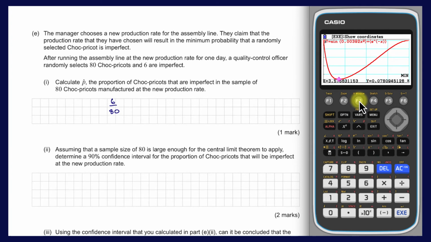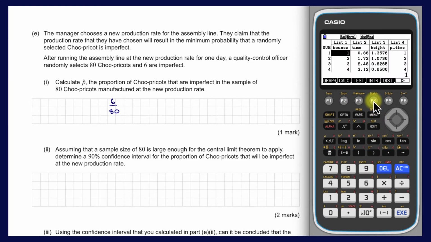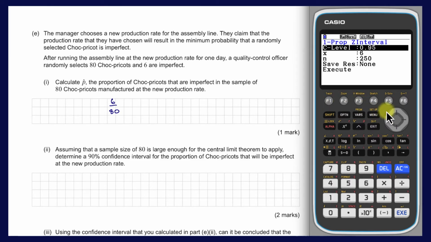So that means back to the statistics menu, and we want the interval. This time it's a one proportion interval. We'd like a 90% one, so that's 0.9 for my confidence level. And it's 6 out of 80. And there's my level there.